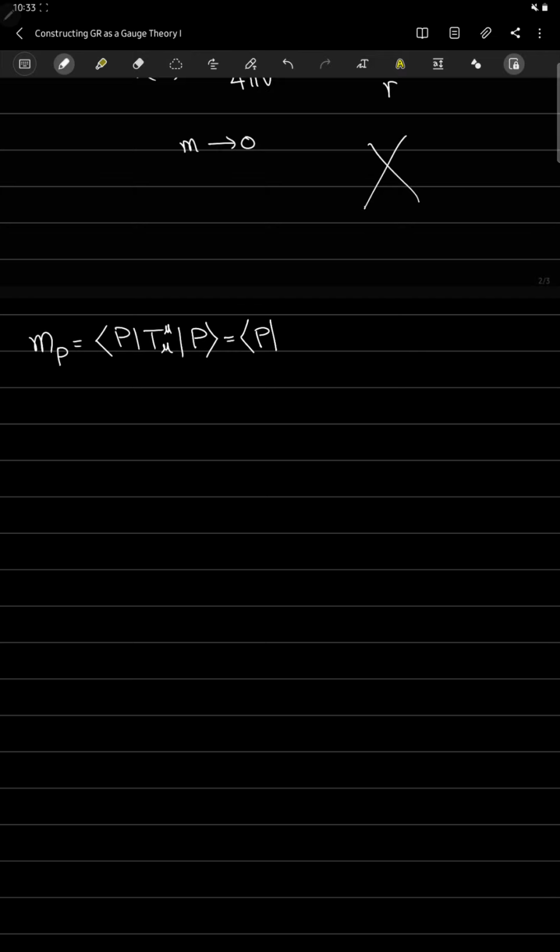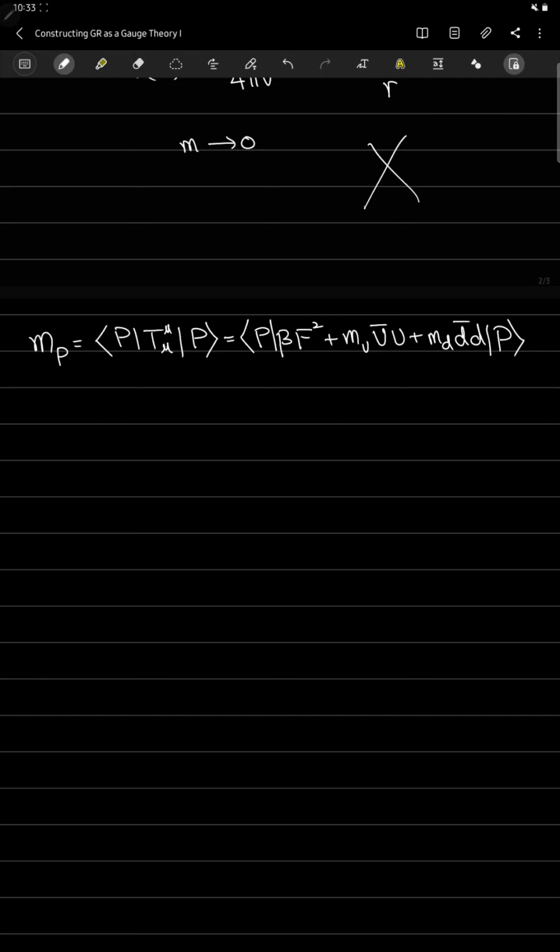This T^μ_μ can be written down as β F squared, and I'll explain what this is, plus the mass of the up quark times ū u plus the mass of the down quark times d̄ d, between proton states.